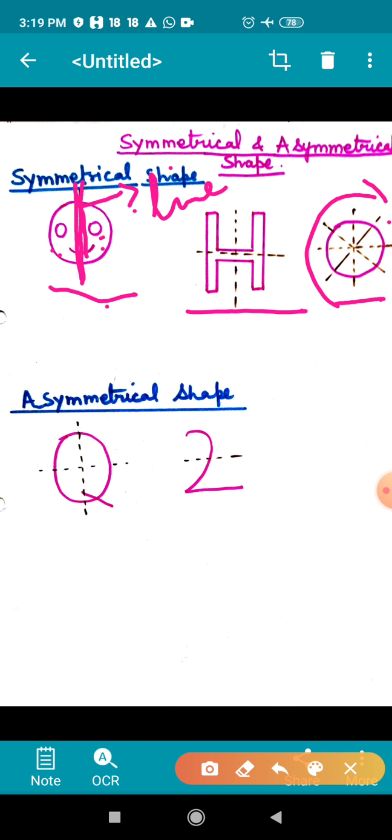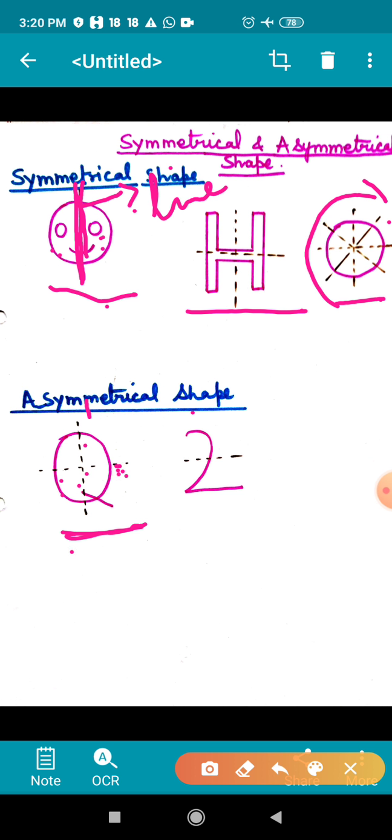Now just have a look at this figure. Here you can see a line is drawn to divide this shape, but the shapes are not identical, or you can say they are not the same.